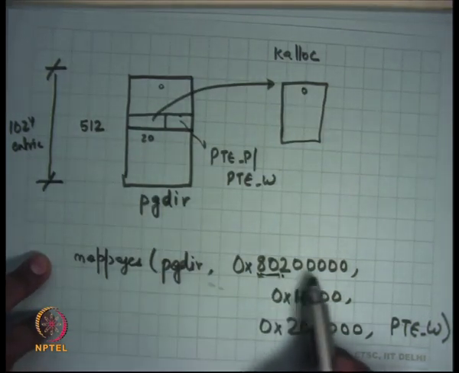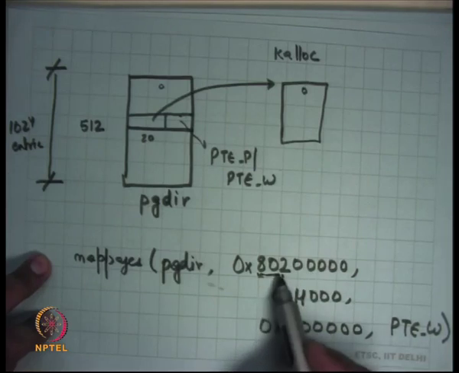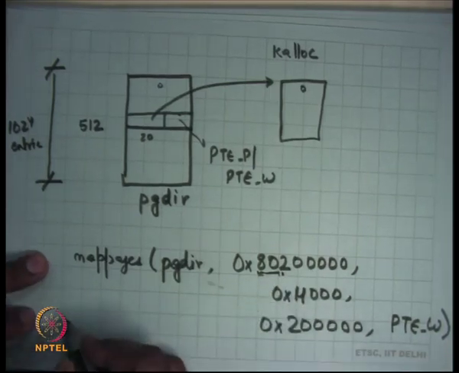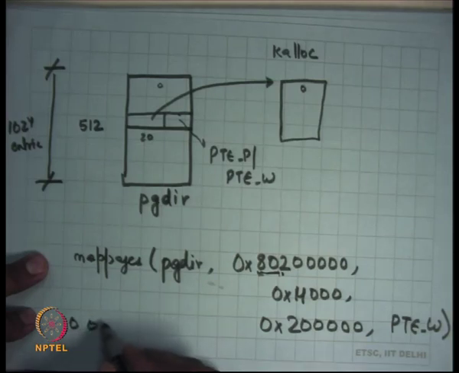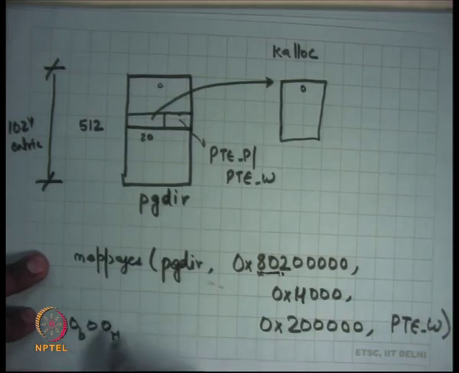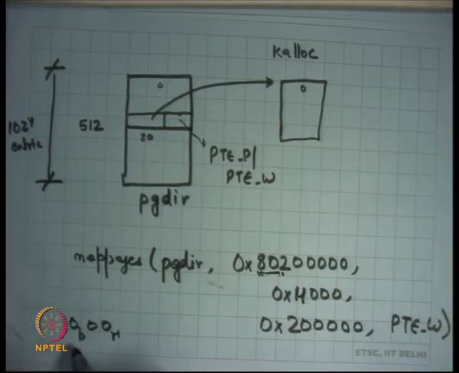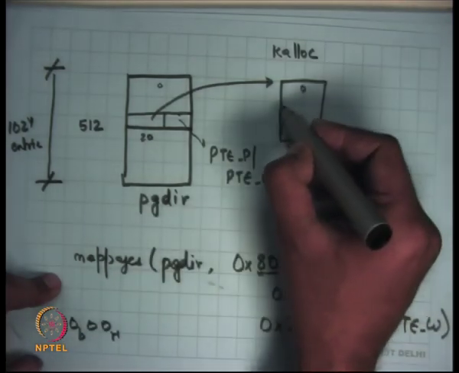Then I'm going to look at the next 10 bits of this address, which are 0, okay, 10 0, so 10 in binary, and let's say 00 in hexadecimal, 16 into 4, let's say this is the 64th entry.